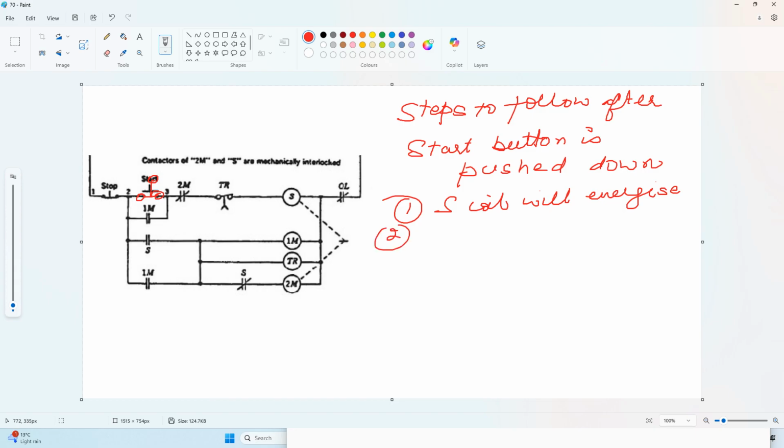The moment S coil energizes, SA will close, SB will open. If SA closes, 1M coil will energize.